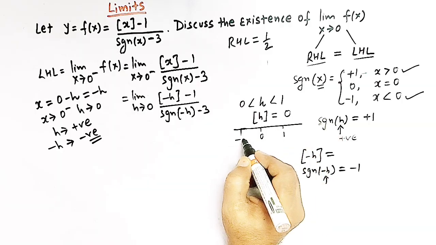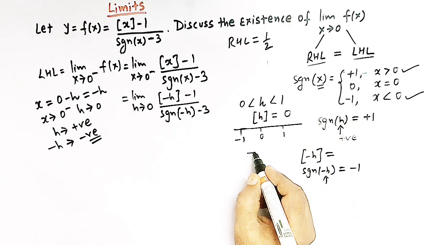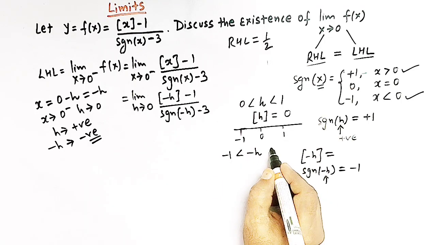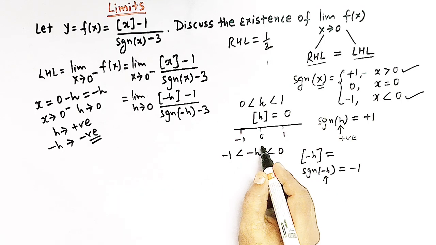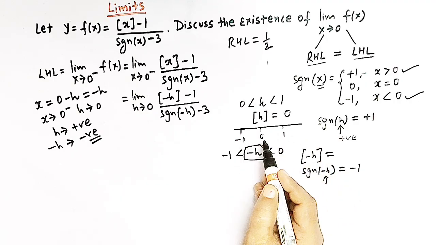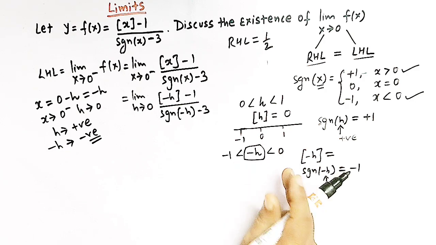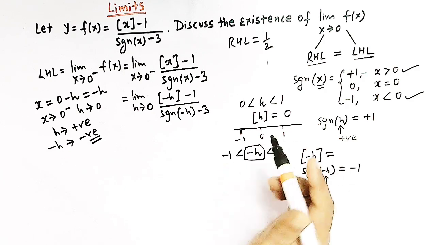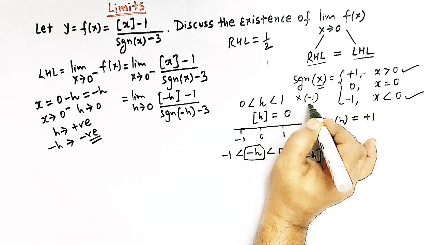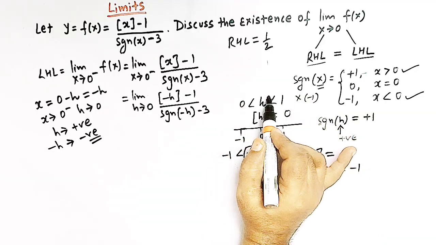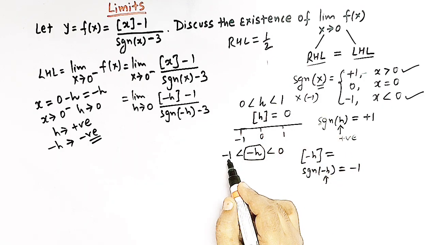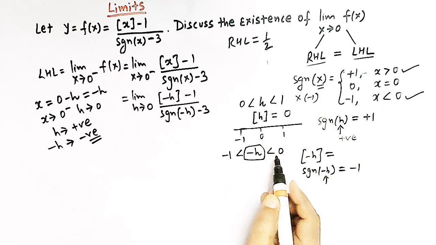So now here we have minus 1, and minus h is greater than minus 1, but it is less than 0. So minus h is lying between minus 1 and 0, because we can obtain this inequality by multiplying this inequality throughout by -1, and the direction of the inequality gets reversed, right? So minus h is greater than -1, but it is less than 0.